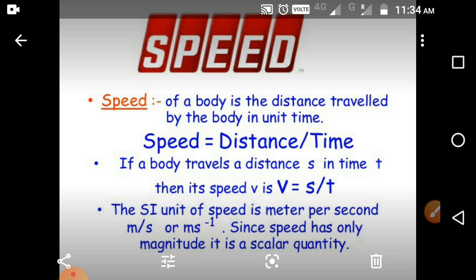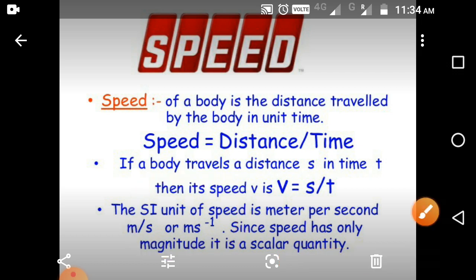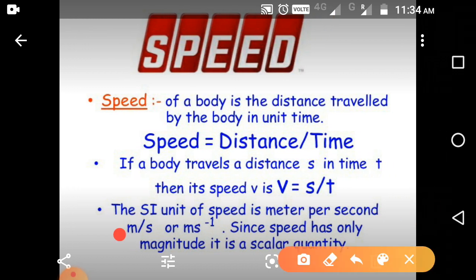So this much is what we want to concentrate on. What is the unit of speed? Meter per second. Meter per second is also written as m divided by s, and we can also write it as m s raised to minus 1, which is nothing but writing it in a reciprocal manner.